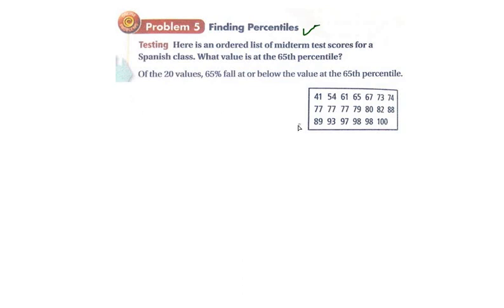Of the 20 values, 65% are less than or equal to the 65th percentile. 65 over 100 times 20 is 13. So 13 values are less than or equal to the 65th percentile. 1, 2, 3, 4, 5, 6, 7, 8, 9, 10, 11, 12, 13. So the 65th percentile is 82.